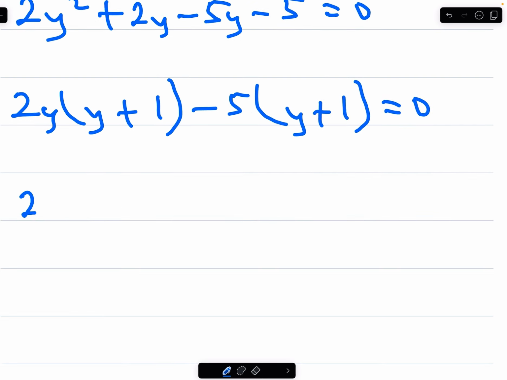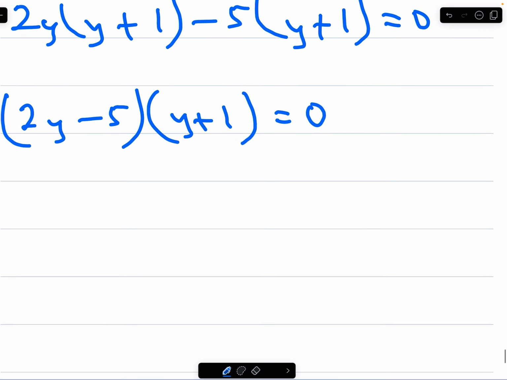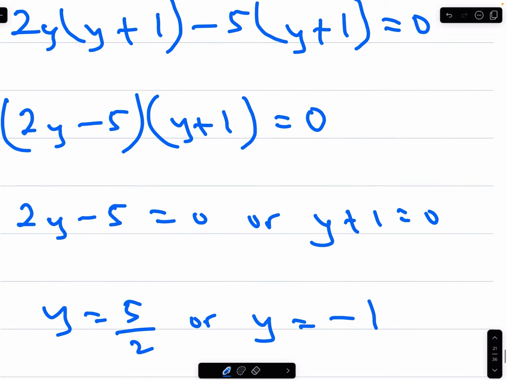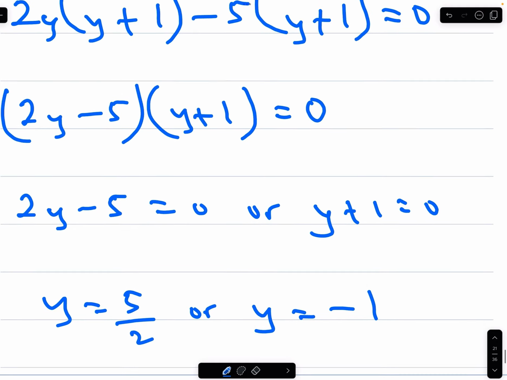That simply means 2y minus 5 into bracket y plus 1 equals 0, which means 2y minus 5 equals 0 or y plus 1 equals 0. That's the same as y equals 5 over 2 or y equals minus 1.